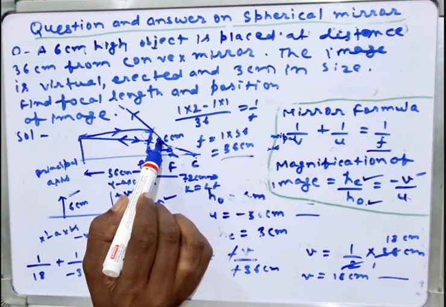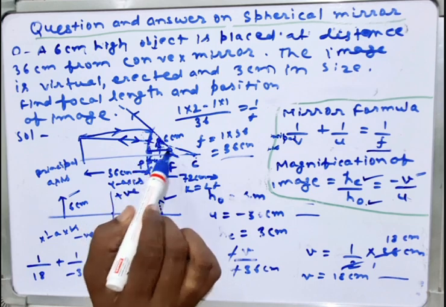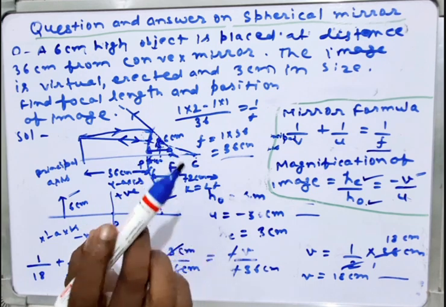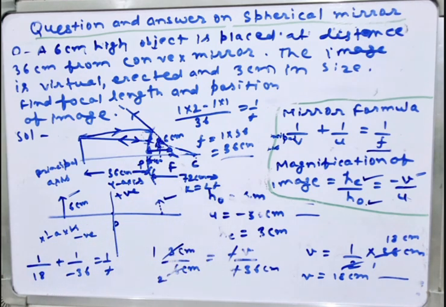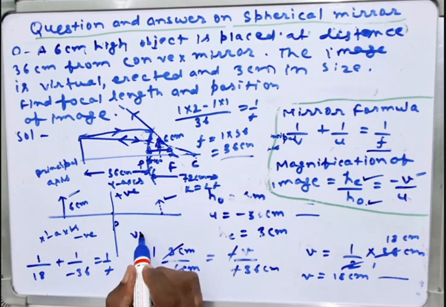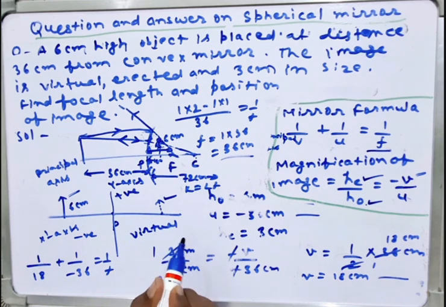See here, the two rays of light are not actually cutting each other, so the image formation is virtual. In such a manner we solve questions based on concave and convex mirrors, or you can say spherical mirrors. So hope how to solve questions based on spherical mirrors is clear to you.